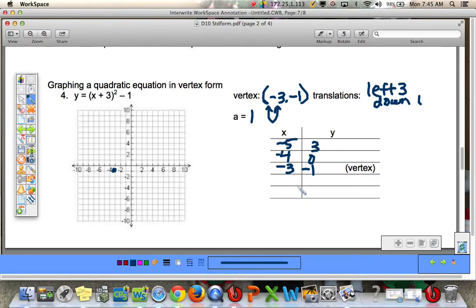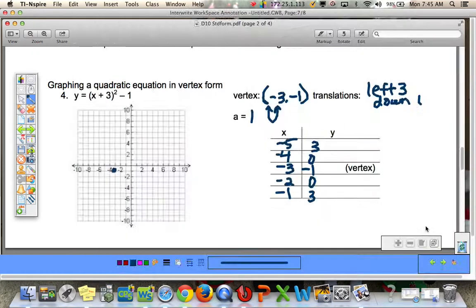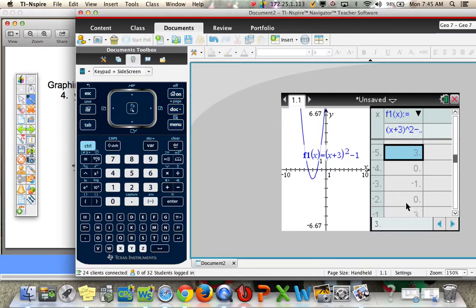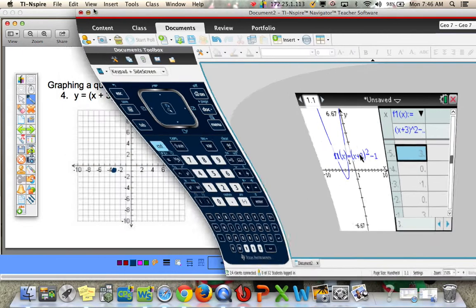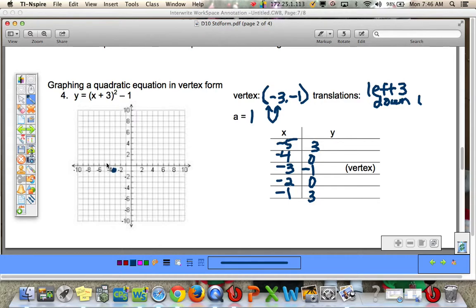And since it's a parabola, when we go to negative 2, negative 1, it's going to be symmetric. 0 and 3 will be symmetric, but we'll double check the table here. So negative 2 is 0, negative 1 is 3. So let's sketch this function: negative 5, 3, negative 4, 0, negative 2, 0, negative 1, 3. So we can get our nice sketch of our function.